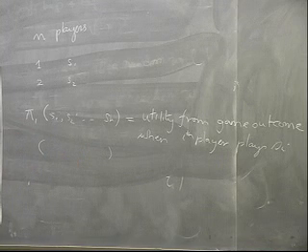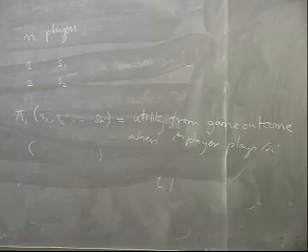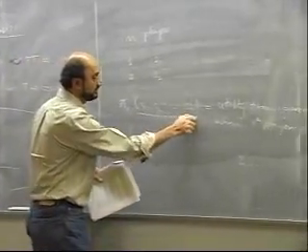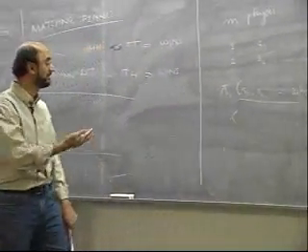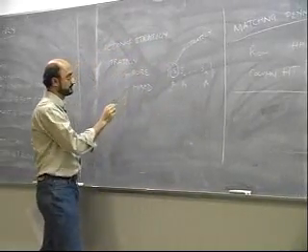So in other words, a game is nothing more than a function. A game is nothing more than a function that goes from the cross product of the strategy spaces for each player. The strategy space is the set of possible strategies. Maybe I should just put that here.